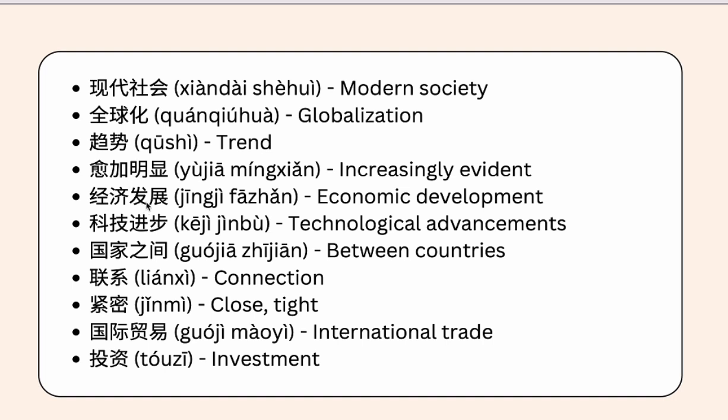经济发展. So 经济, that's economy. 发展, that's development. So 经济, we use it in so many different ways. For example, the economy class, we can say 经济舱. If you say someone is being frugal, you can also use 经济.